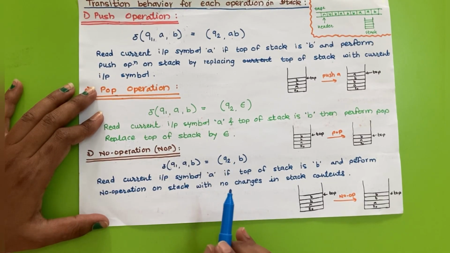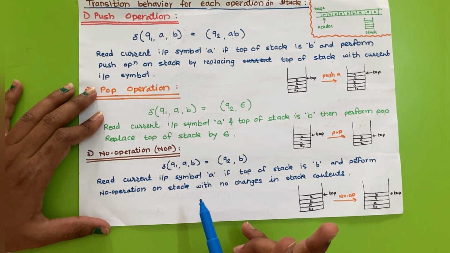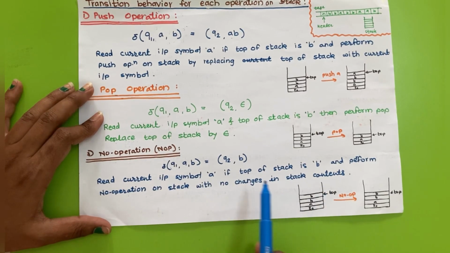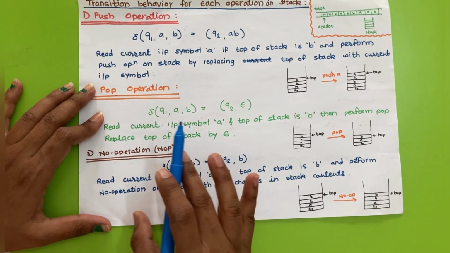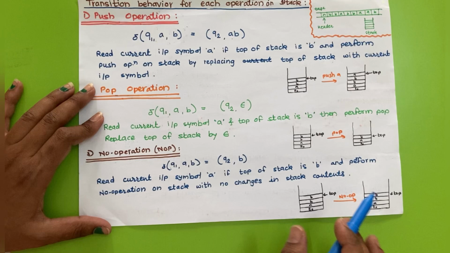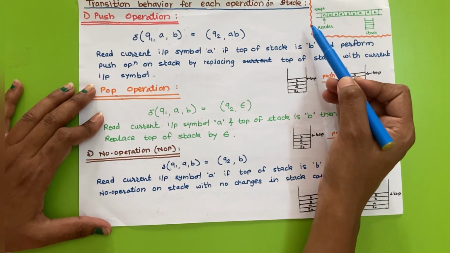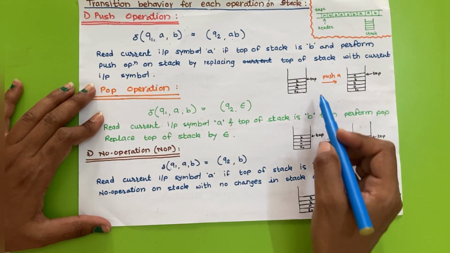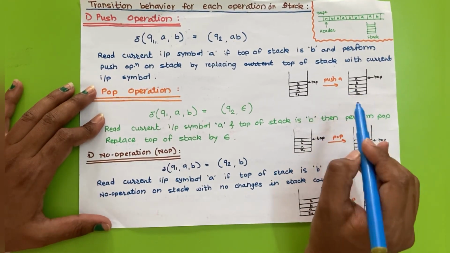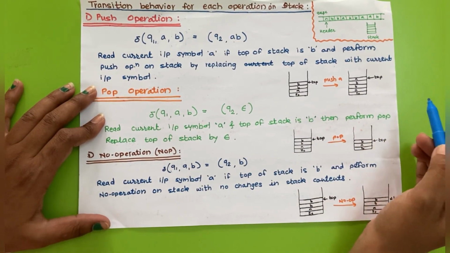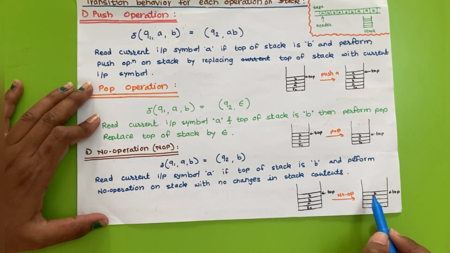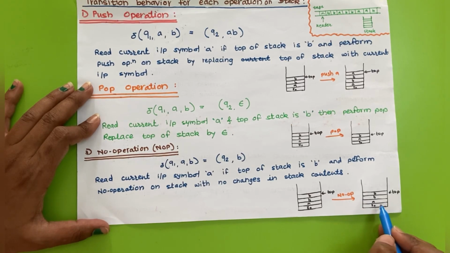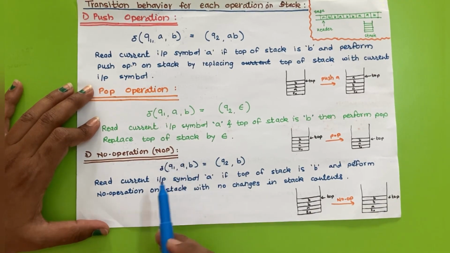We have only two kinds of operation, push and pop, on stack, and we don't want to perform any operation on stack. At that time no operation is performed, which means we have to do nothing on stack, we just read the current input symbol from the tape, don't perform any operation on stack, and then move to the right by one cell. That means the no operation. So there will not be any change in the contents of stack after the no operation is performed.